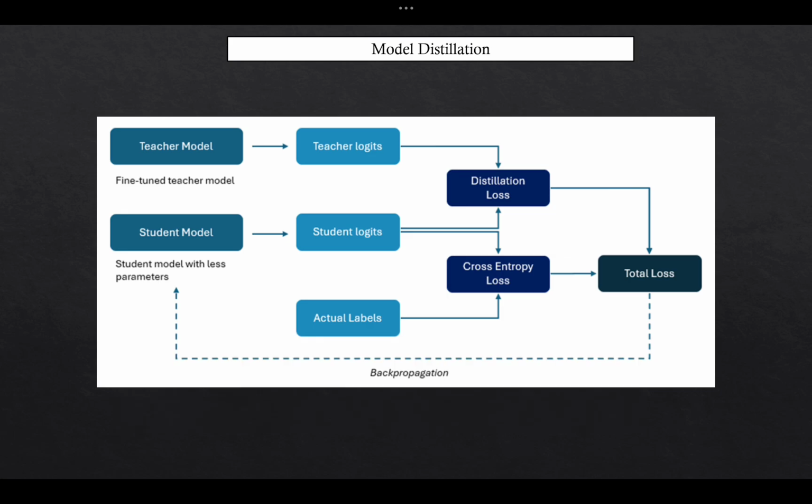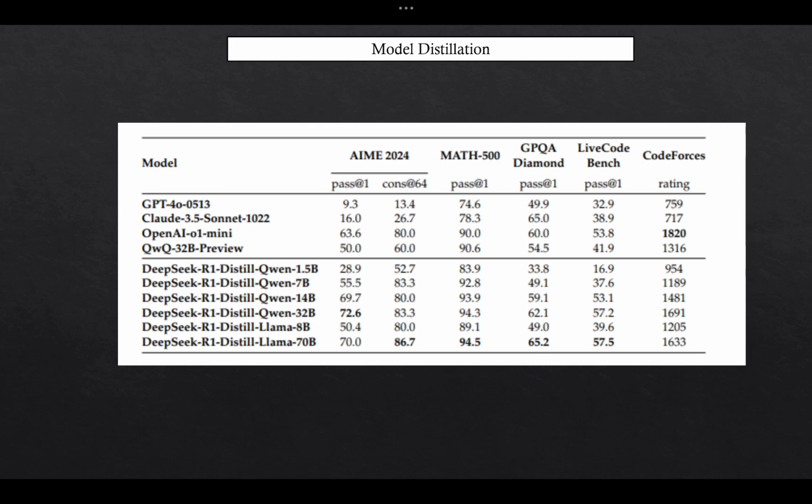So instead of only giving the actual labels as indication of how the model weights should be updated, we also use the teacher logits, which will give more signals to this smaller parameter student model to update its parameters in such a way that it gives more or less similar results if you compare with the teacher model, right? So in the paper they have released a few series of models.